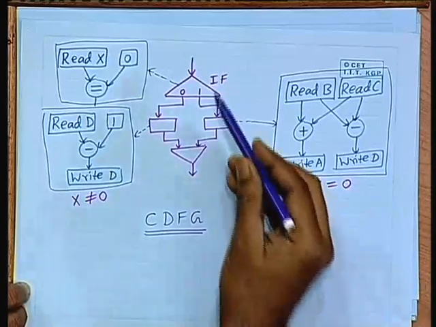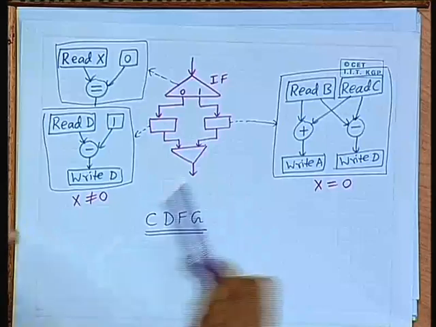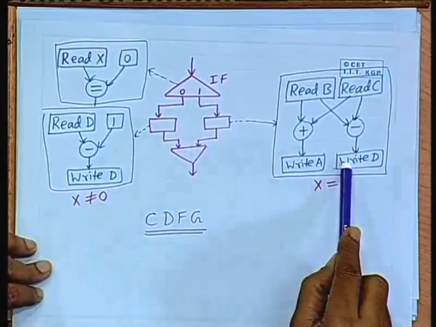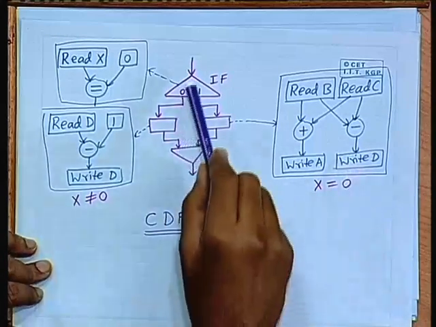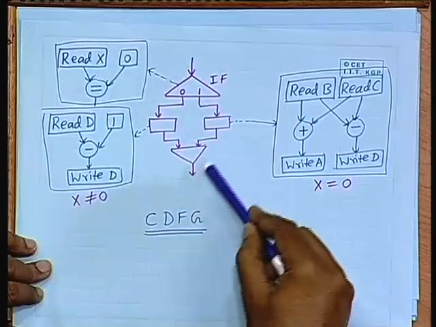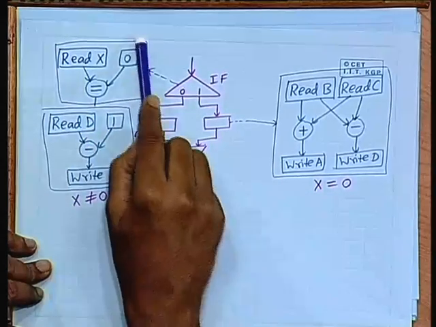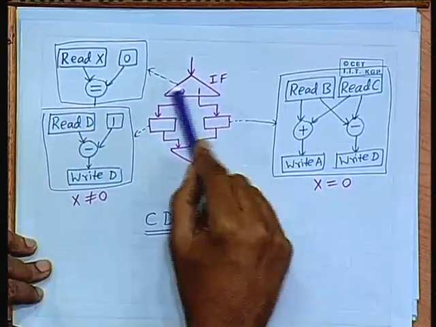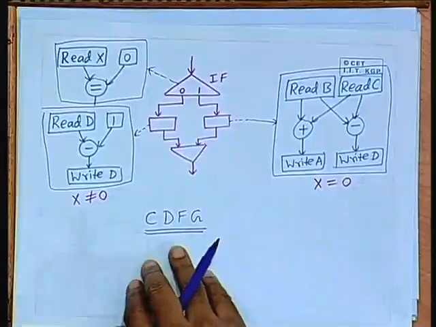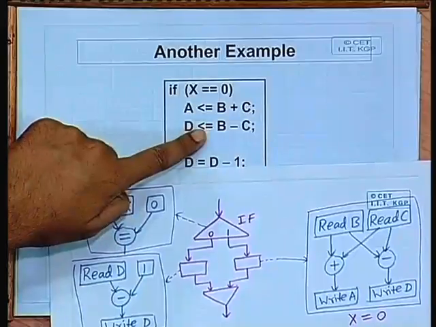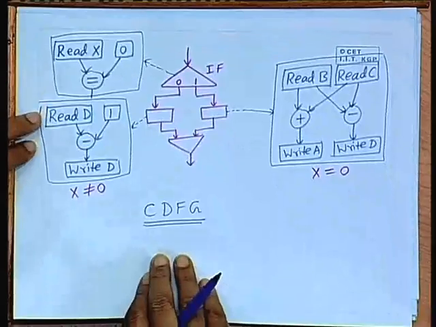So, the control and the data flow graphs are being generated together side by side, and whatever you have for the control, there will have to be a segment of the data flow graph corresponding to each of those nodes. If x equal to 0, they do this, otherwise do this.